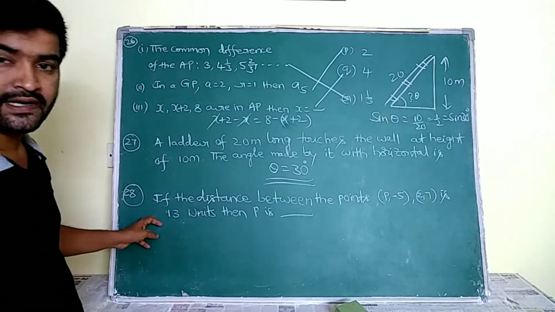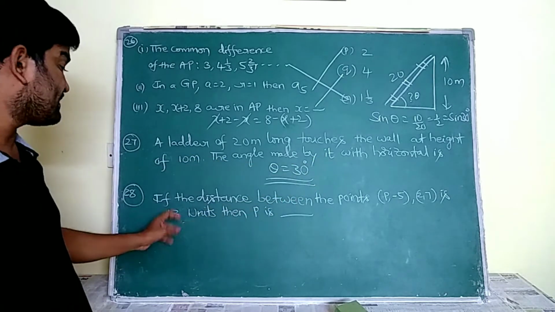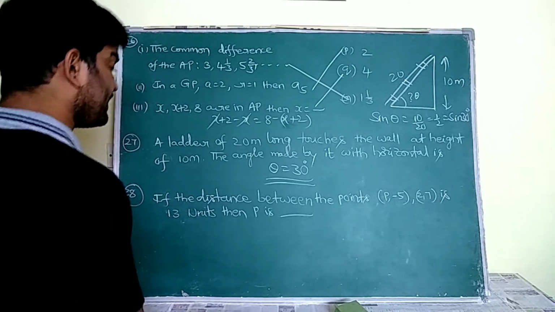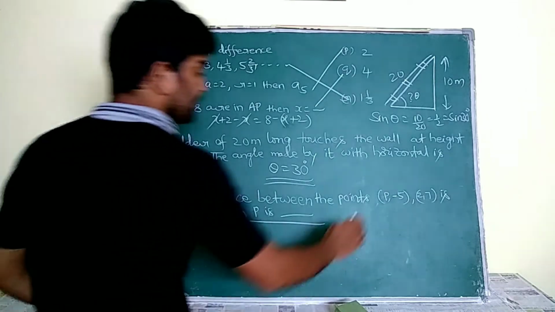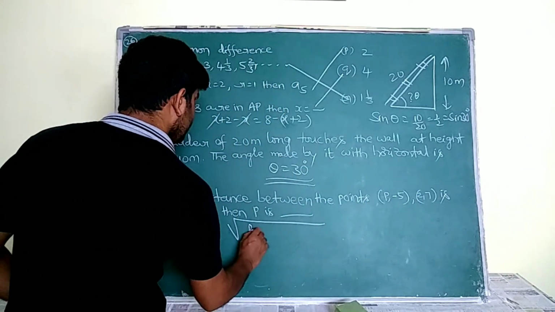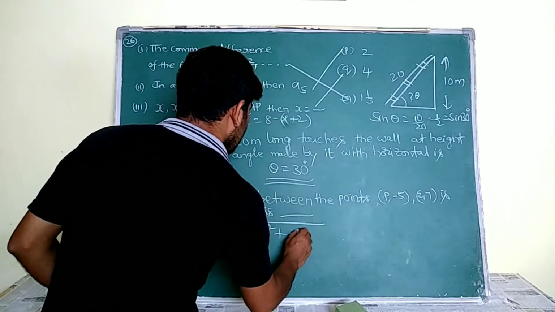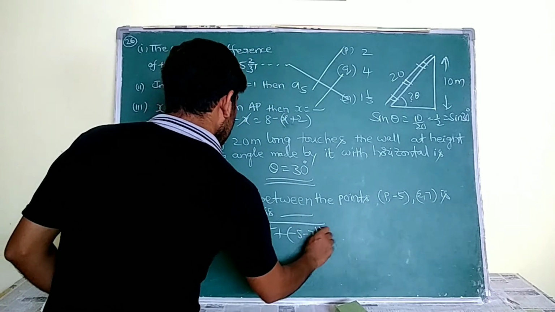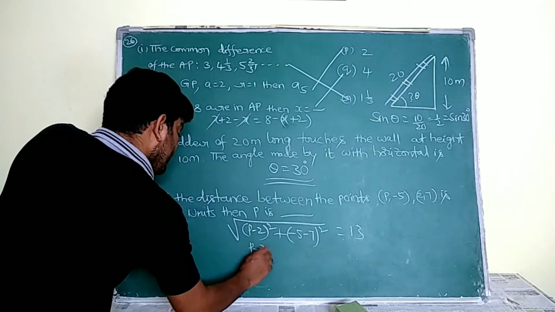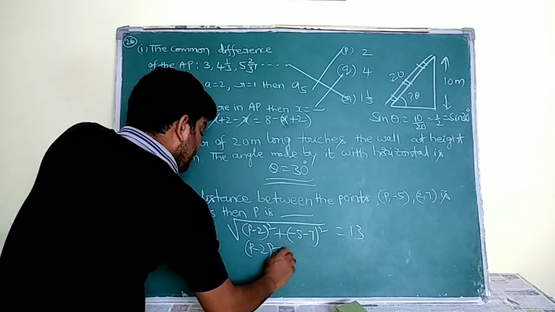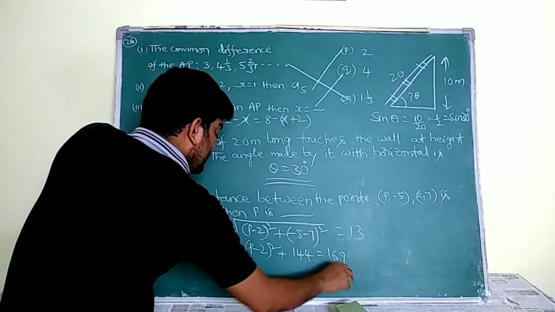Now see ma, in the next bit, if the distance between these two points is 13 units, then he is asking us to find the p value. Distance means, we know, square root of x2 minus x1 whole square plus y2 minus y1 whole square, that is p minus 2 whole square plus minus 5 minus 7 whole square. Okay, this distance is given as 13 units. So now squaring on both sides, here I am going to get p minus 2 whole square plus 144 is equal to 169 ma. Why?